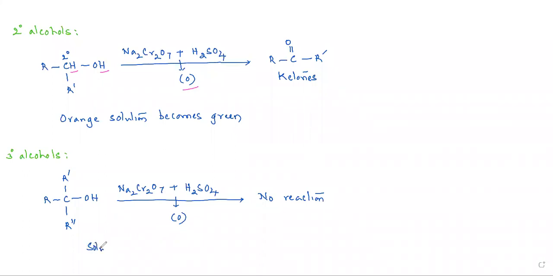So therefore, the solution remains orange colored only. So this is a speciality. Tertiary alcohols have got no reaction with the acidified sodium dichromate. So primary and secondary alcohols turn the orange solution into green, whereas the 3-degree alcohols do not.